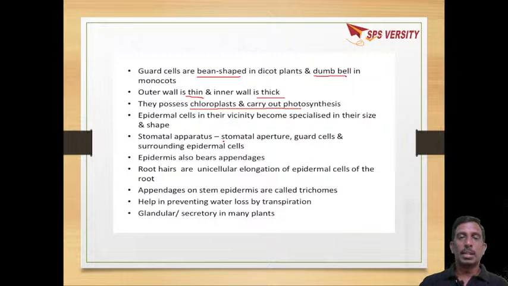So stomata में stomatal aperture, stoma, guard cells और surrounding epidermal cells रहते हैं.